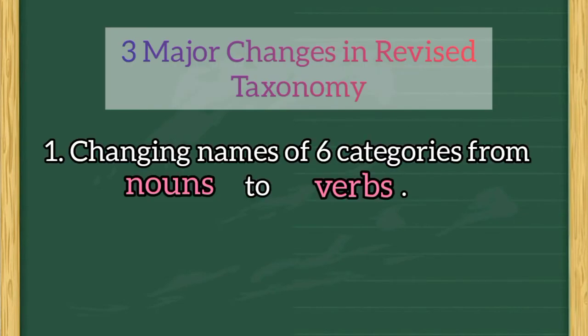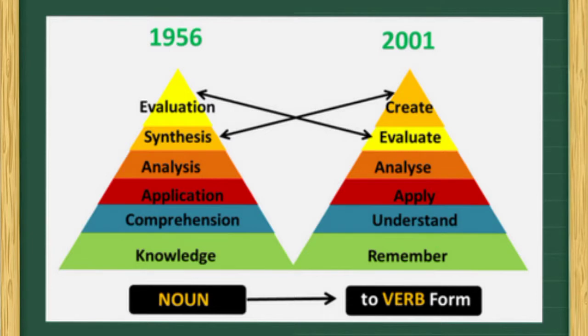So, these are: first, changing the names in the 6 categories from nouns to verbs. So, from the original version, it is stated as nouns, while the revised version is stated as verbs, which implies more active form of thinking.